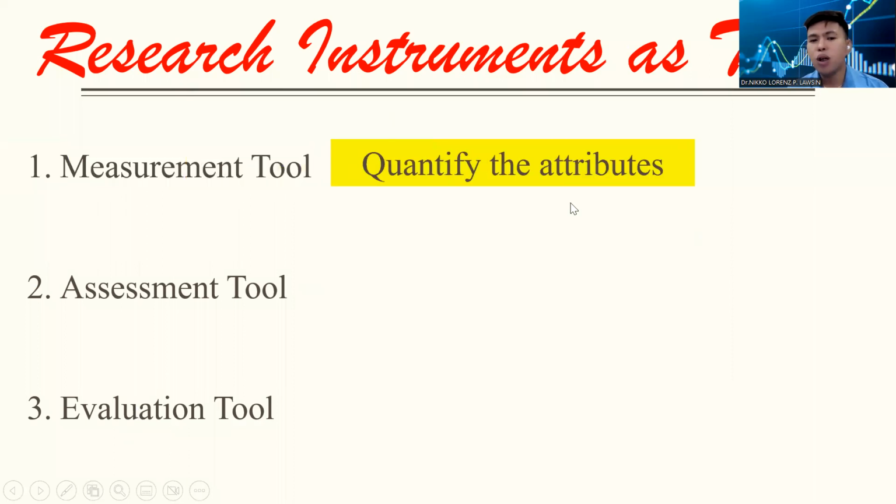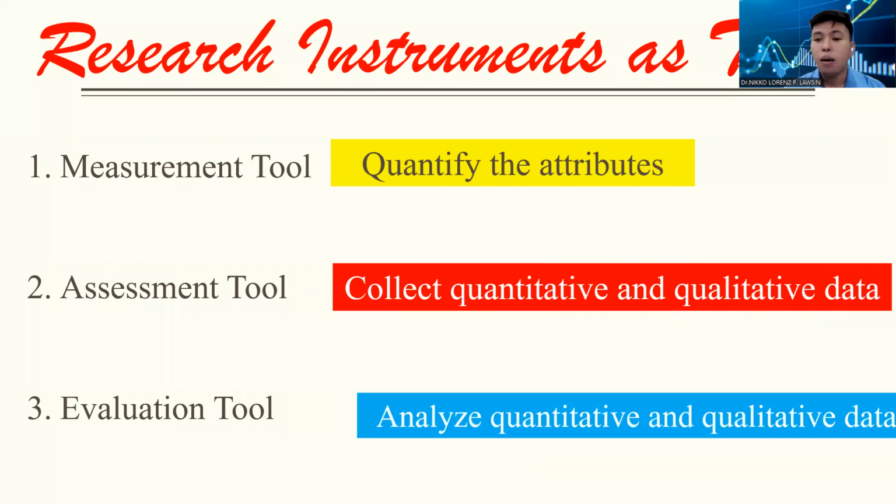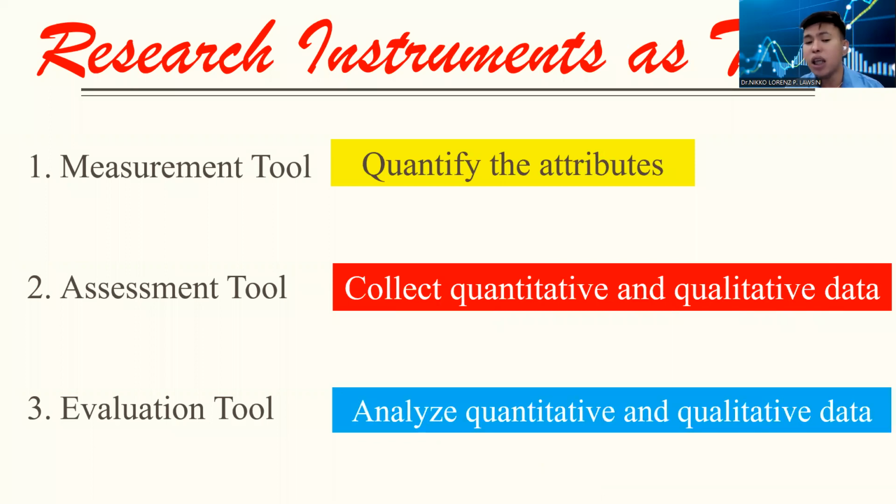For example, if you want to quantify the attributes or quantify your variable, you call your instrument a measurement tool. While if you want to collect quantitative and qualitative data, you call your research instrument an assessment tool. But if your research instrument aims to analyze quantitative and qualitative data, it is termed an evaluation tool.